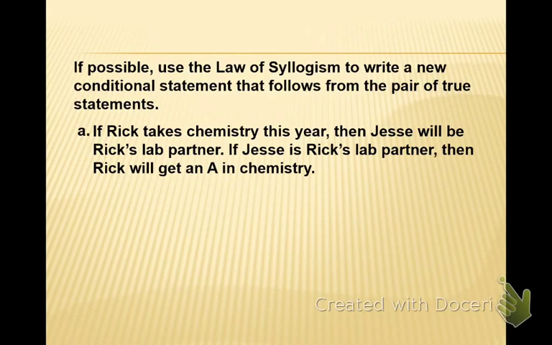Following that pattern I just described, what if-then could I come up with from these two statements? Trent. If Ricky takes chemistry this year, then he will get an A in chemistry. Right. He took the first hypothesis and paired it with the last conclusion. And that's how we get our new statement.